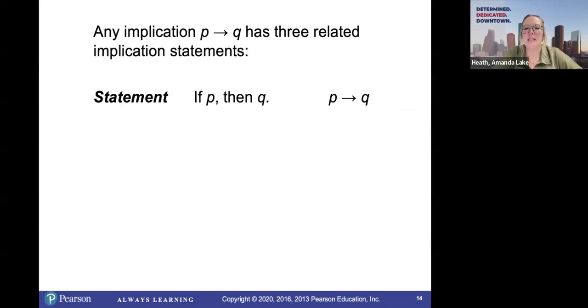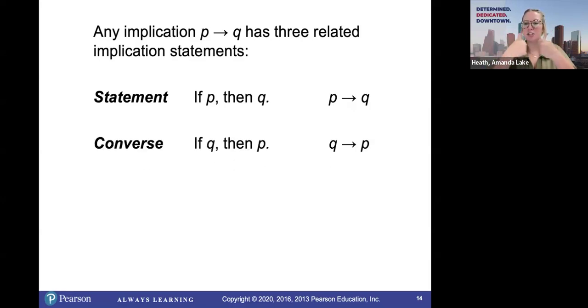All right, so we have related implication statements. So if we start with the statement, if P, then Q, then we have the converse, the inverse, and the contrapositive. So I always remember these by using my hands. So if I say the statement is if P, then Q. Then the converse, I'm going to switch the order of my hands.